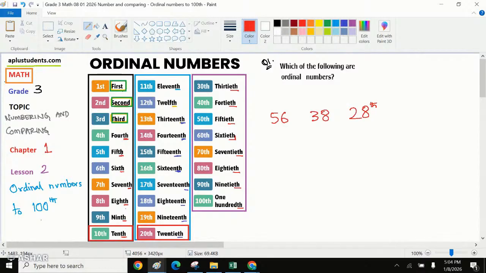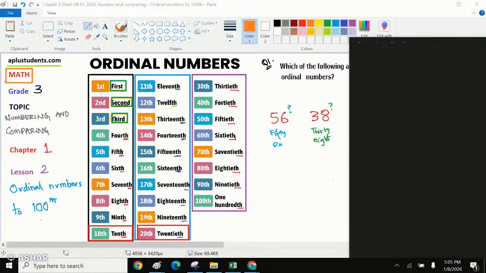What I'm reading this as is 56, because it does not have any suffix to it, right? In the same way, the next one is simply 38. But the last number that is given to us has a th. That means this is an ordinal number.